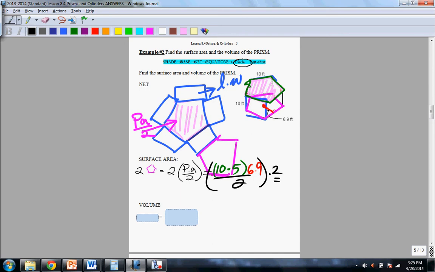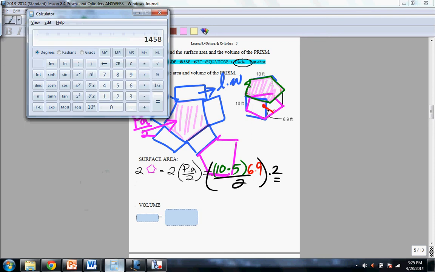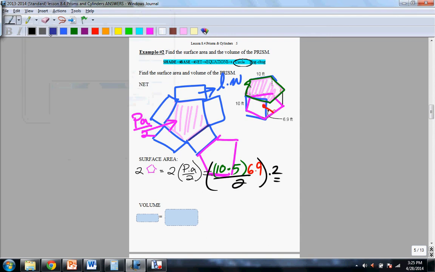So technically you should see that those 2's cancel there. So I'm going to go 50 times 6.9, and I get 345. So the area of my bases is 345 feet squared.